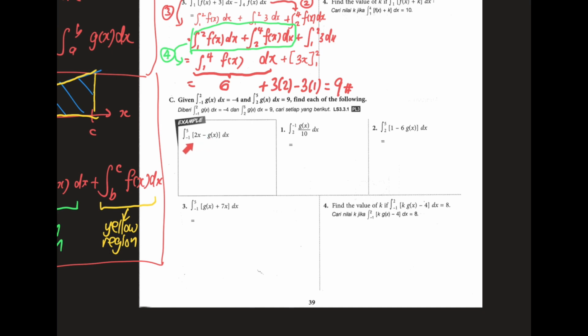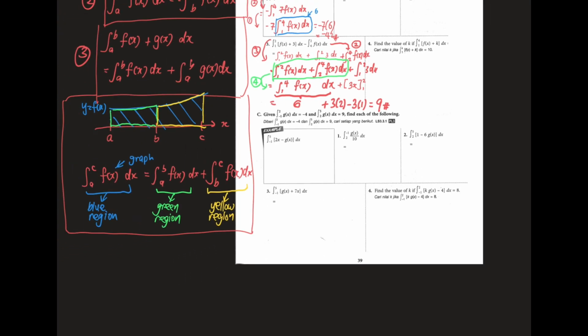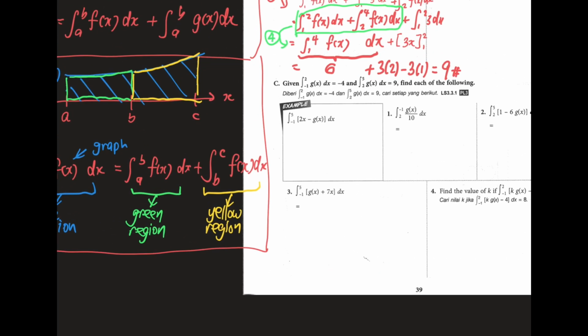Okay, so which formula should I use first? Okay, let's take a quick look. We can consider formula 3 first. Formula 3, this one. Separate the 2x and the gx into 2 separated integration. Like this.